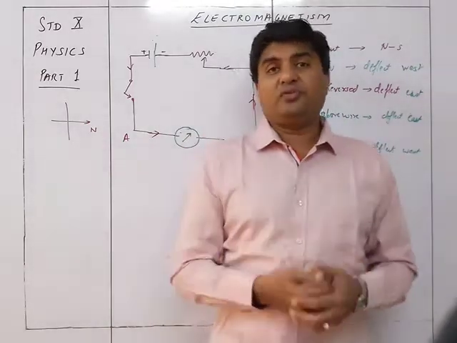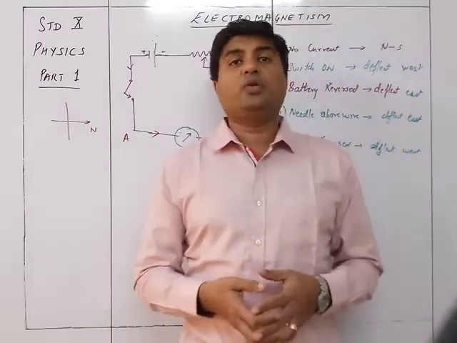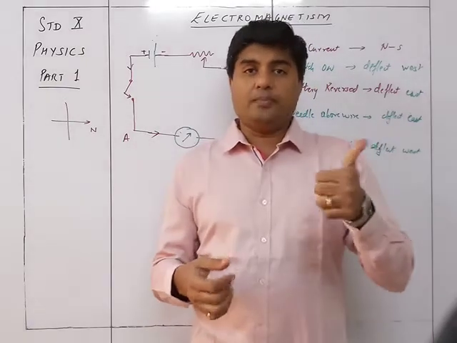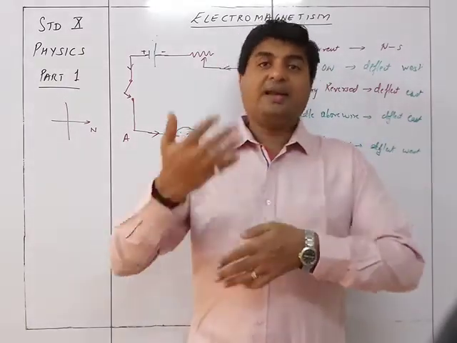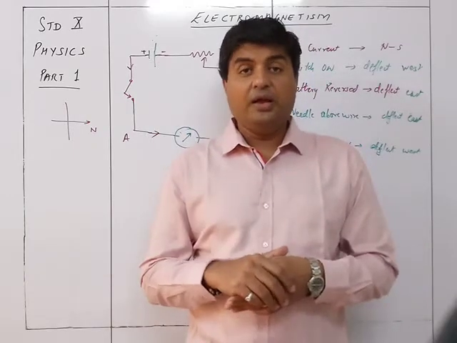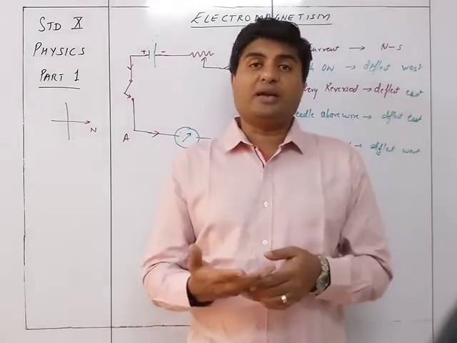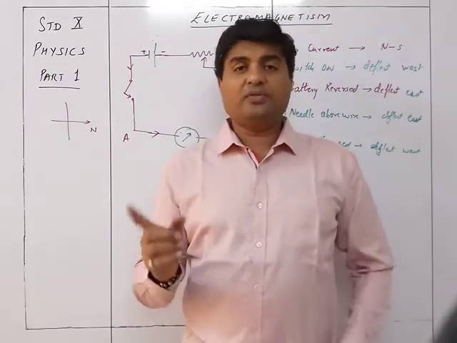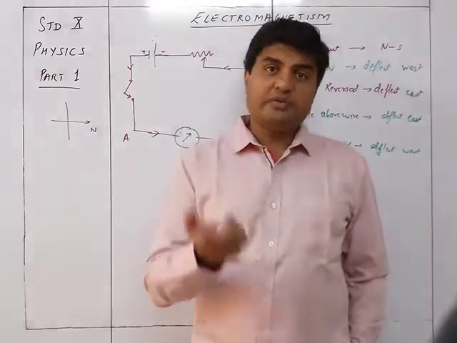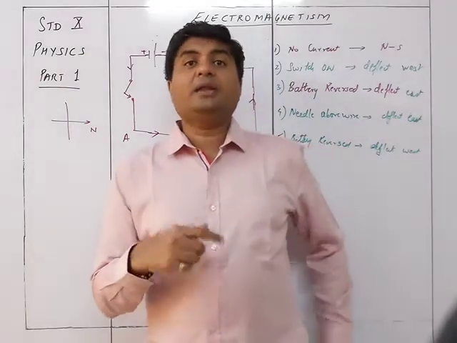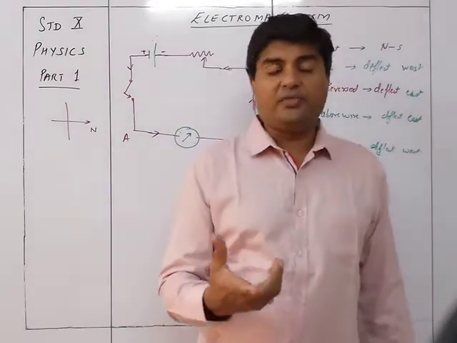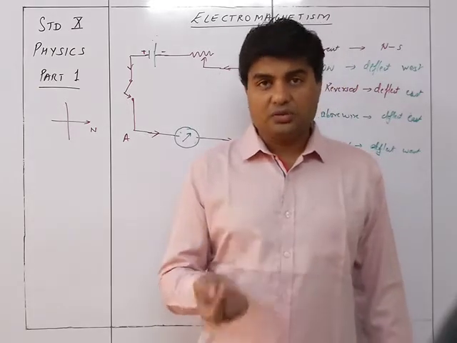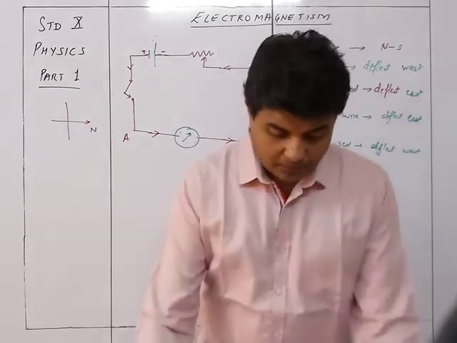The more the current, the more the magnetic field, and the lesser the current, the lesser the magnetic field. The direction of the magnetic field will depend upon the direction of the current, and the strength of the magnetic field will depend upon the amount of current passing through the conductor.